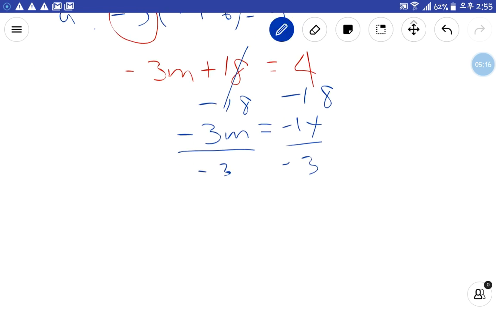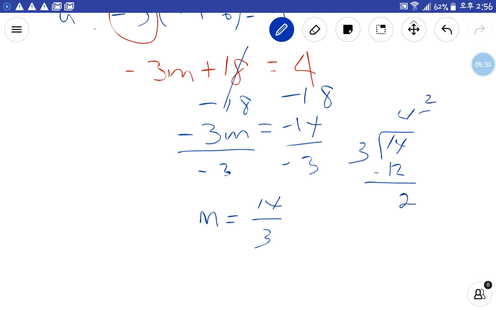So my m would be 14 divided by 3 because of the double negative. Your answer should be written as a mixed number. 3 can go into 14 4 times, that would be 12. And my remainder is 2 over 3. So my answer is 4 and 2/3. You don't have to check.